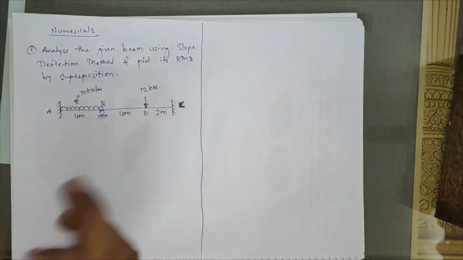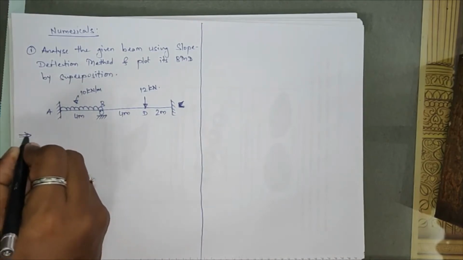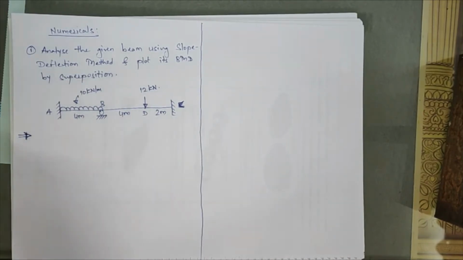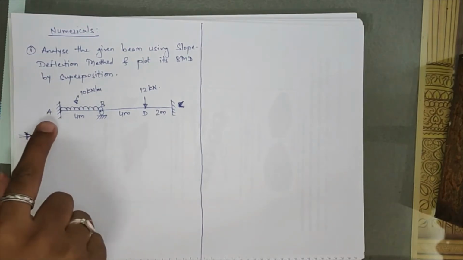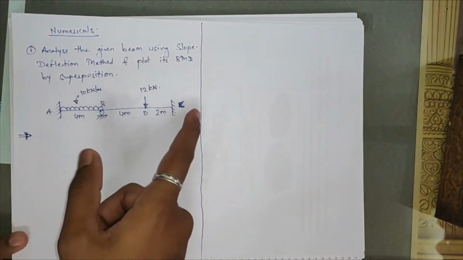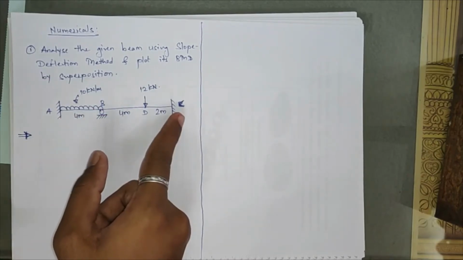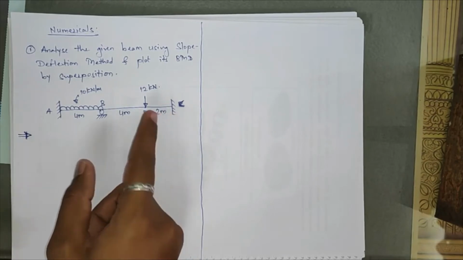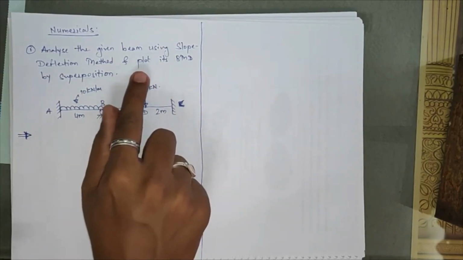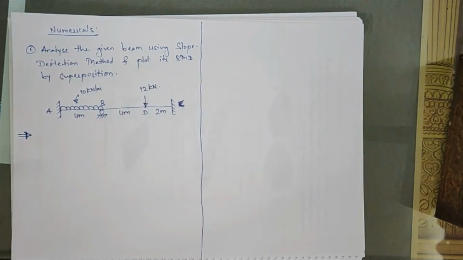So what you have to do is analyze this beam using the slope deflection method. Now, analysis means what? You have to calculate the bending moment at each end, that is at end A, at end B and at end C. Further, they are asking you to plot the bending moment diagram by superposition.